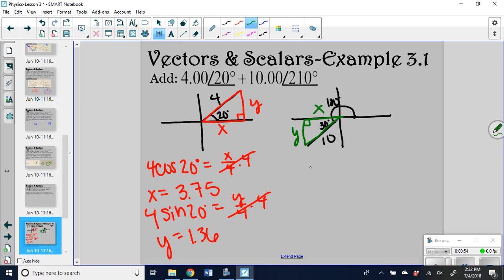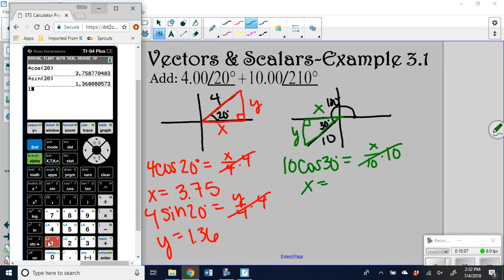So again, we're going to find our x. Cosine of 30 degrees is x over 10, multiplied by 10. And so if you plug that into your calculator, you're going to get 8.66.